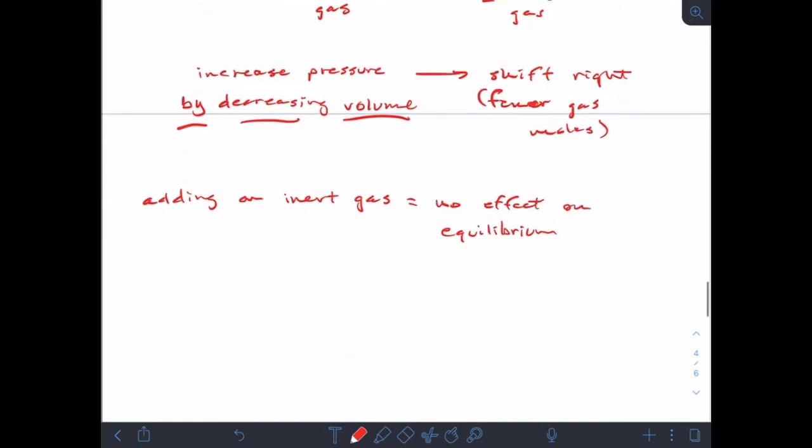The reason for that is that the inert gas doesn't change the partial pressures. Doesn't change the ratio of partial pressures, to be specific.